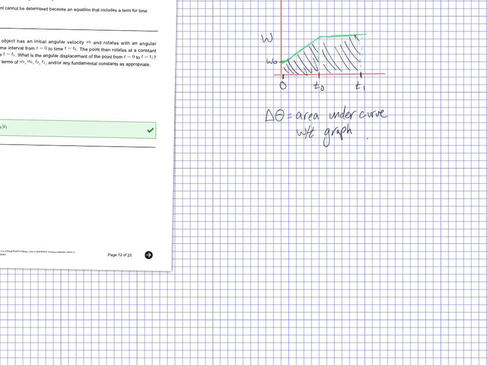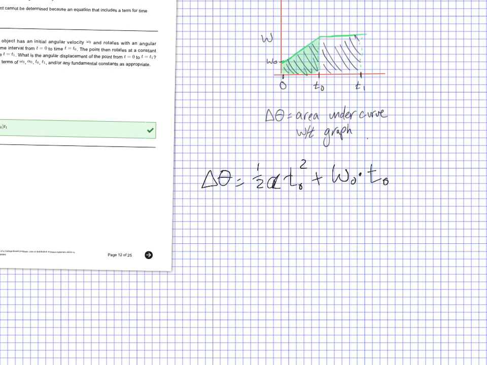All right, so finding those areas, if we just focus on this first section here, that represents a certain amount of displacement given by how it's moving with that accelerated motion. So we could write out that formula. That would be the change in theta for that first time interval is equal to 1/2 alpha times t initial squared, plus the starting velocity, omega initial, times that same time value, t initial.